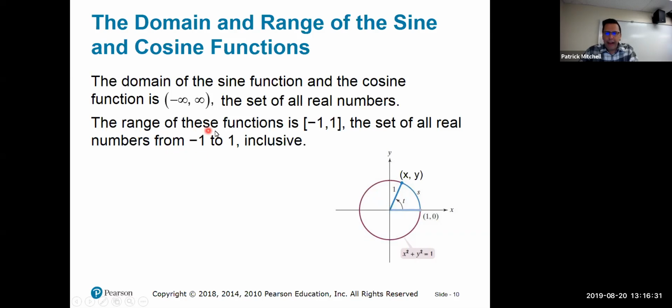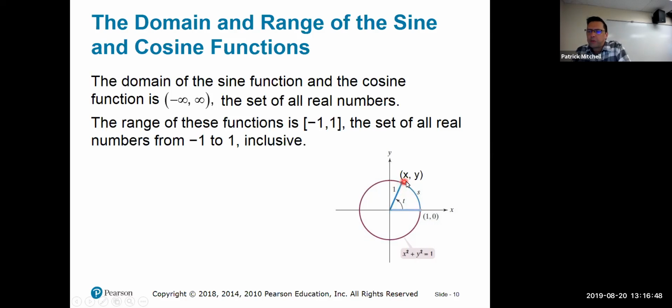The reason that the range of the functions is the closed interval from -1 to 1 is because what comes out of the sine function is a y value, and what comes out of the cosine function is an x value.